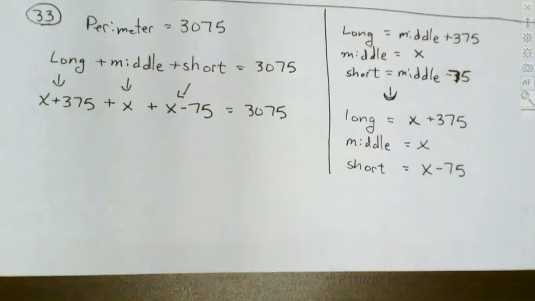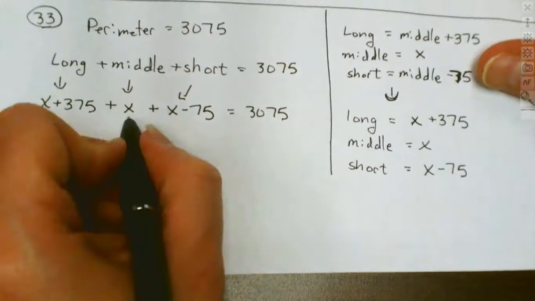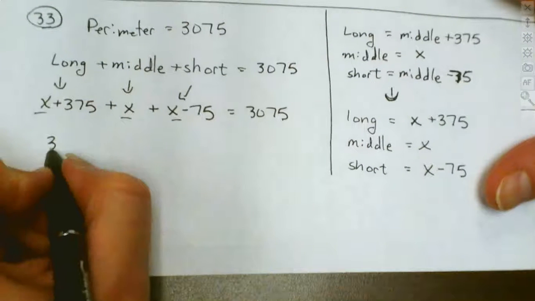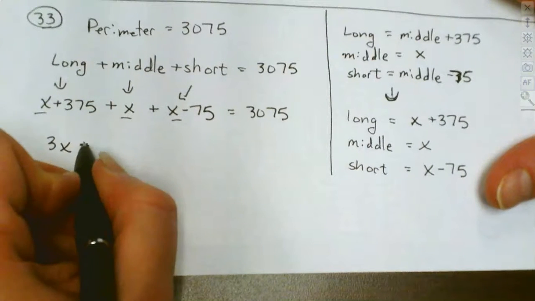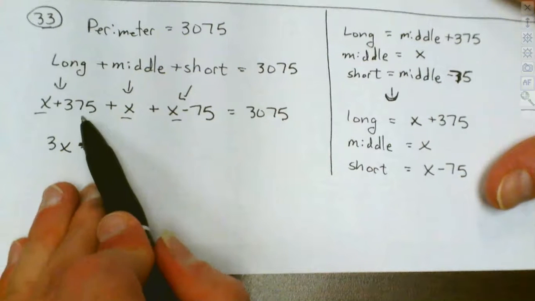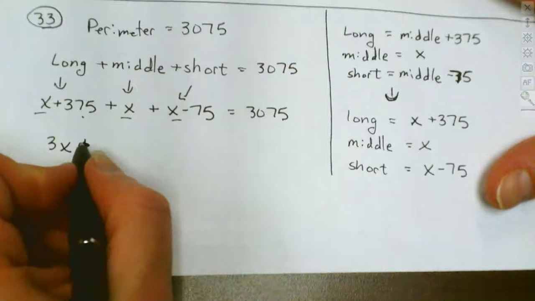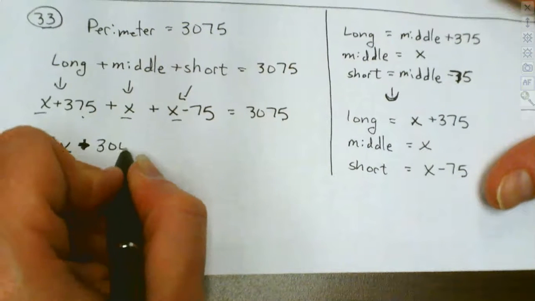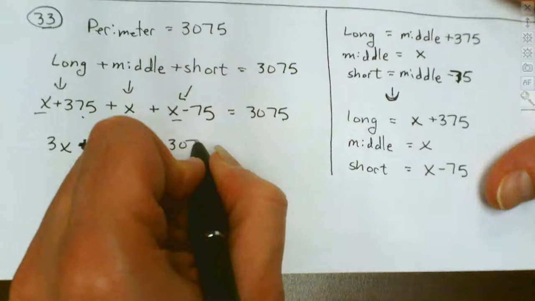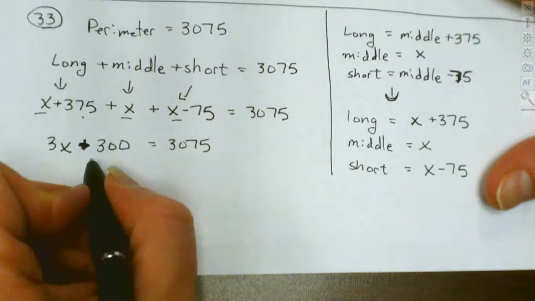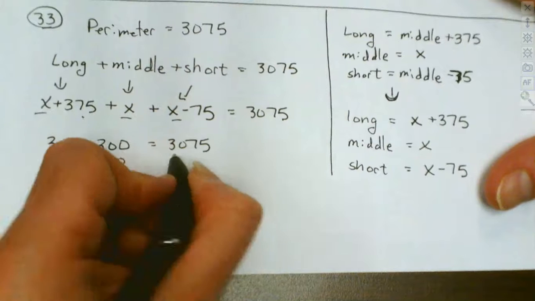So we're going to go ahead and combine. So we've got 1, 2, 3 x's. And then we've got 375 minus 75. So that's going to be a plus 300 here. That equals your 3075. We're going to now take away that 300.